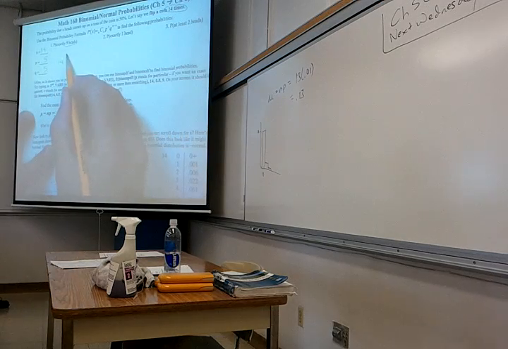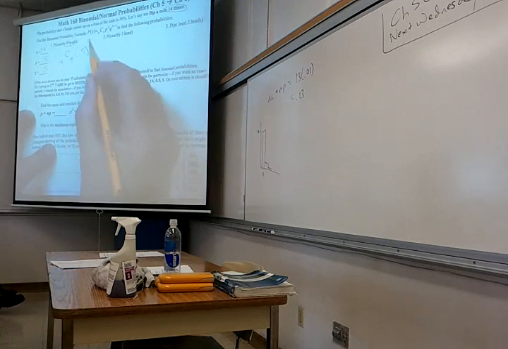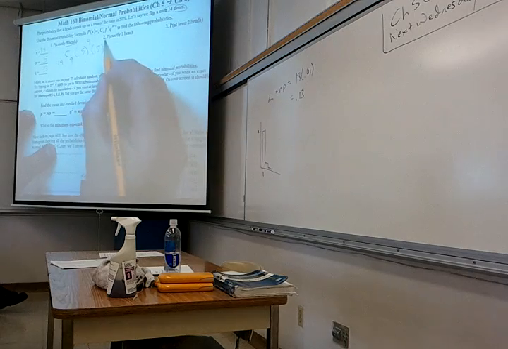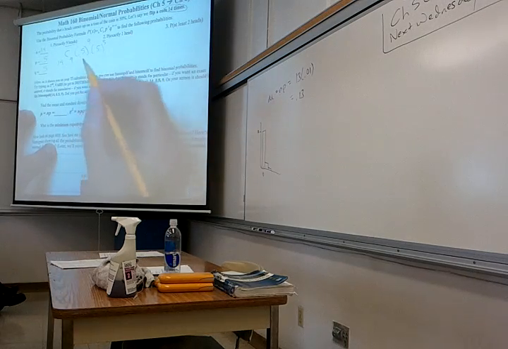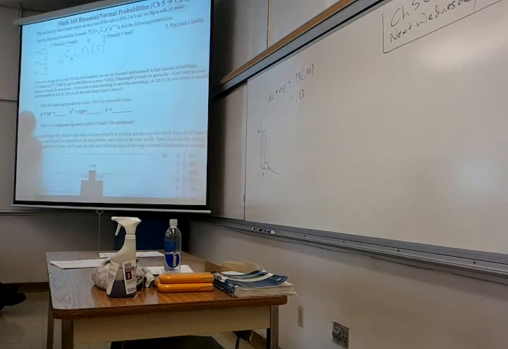Good. 14 flips. Choose 9 of them to be heads. So how many of these do I want? 9. And how many of these do I want? 5. And of course, some of you will realize it's always going to be 0.5 to the 14th when it's a 50-50 chance. But to set it up by the book, that's the way it would look.